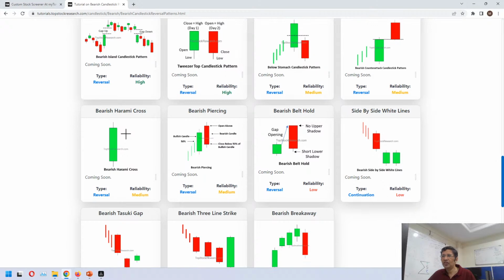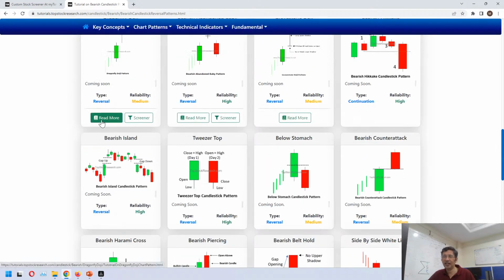For some of them, we do not yet have the reading material. So stay tuned. We'll be enhancing this to add almost all the important patterns from both the screener perspective as well as the tutorial perspective. But you'll definitely see the reliability of these patterns right out here.